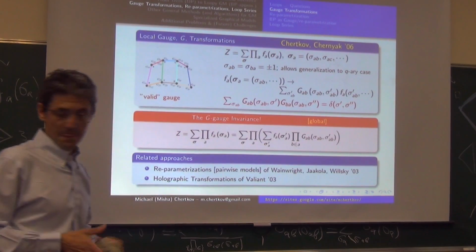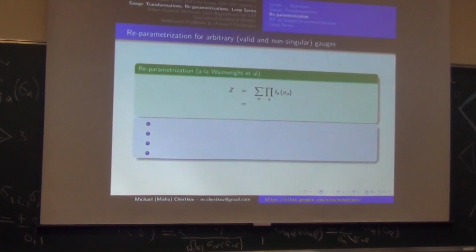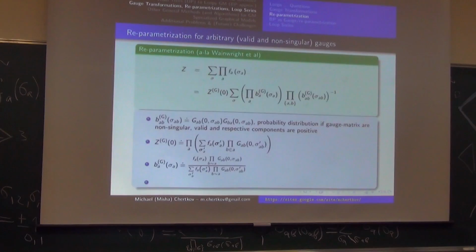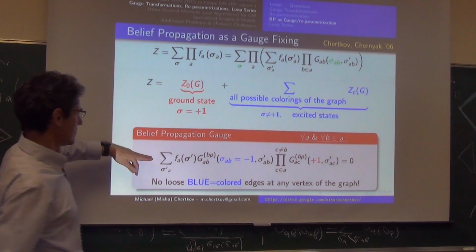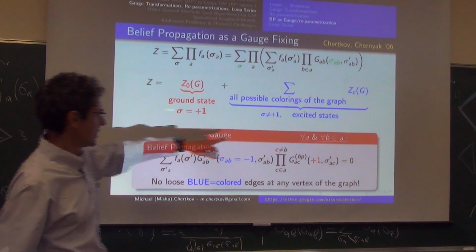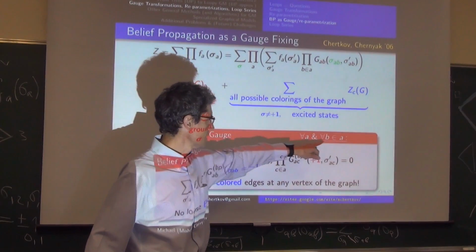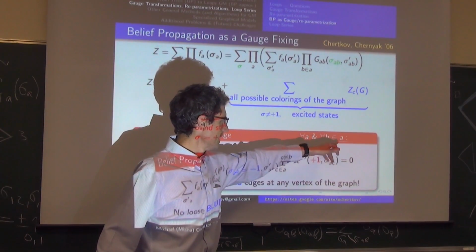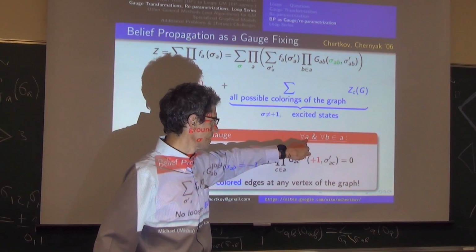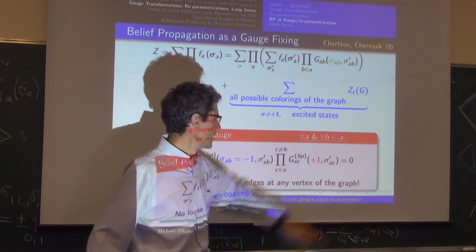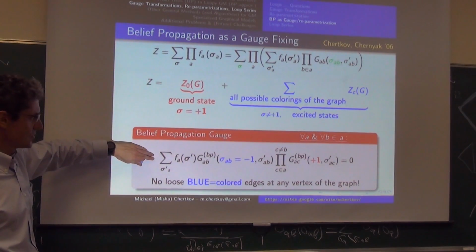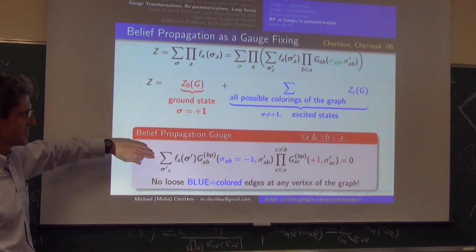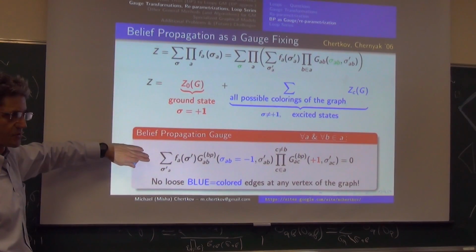And then I'm going into this second stage of gauge fixing, and I'm doing it for all vertices and for all directed edges emanating from this vertex. Those are initial conditions, and my statement is that I have enough freedom to satisfy all of them.